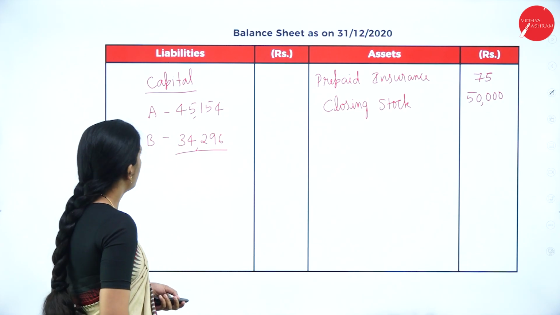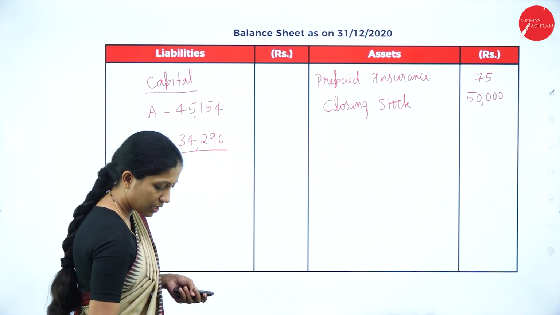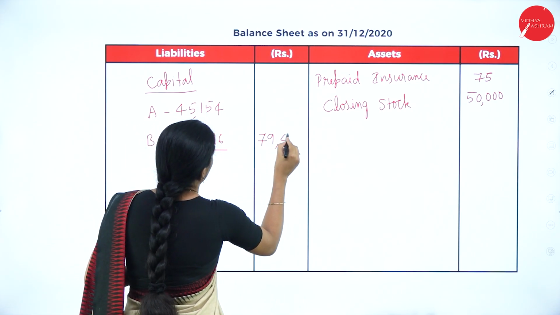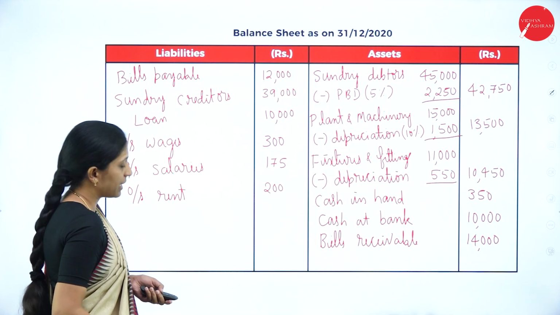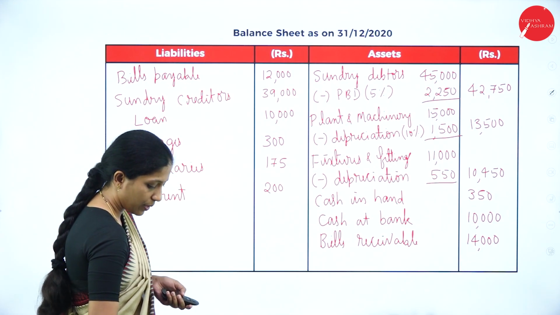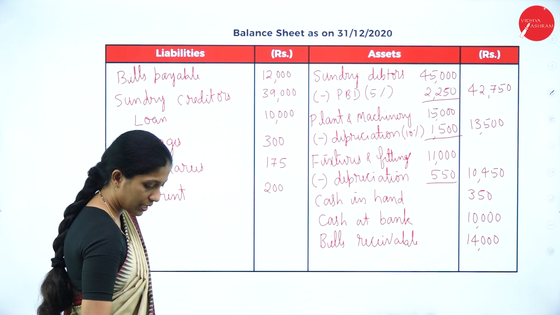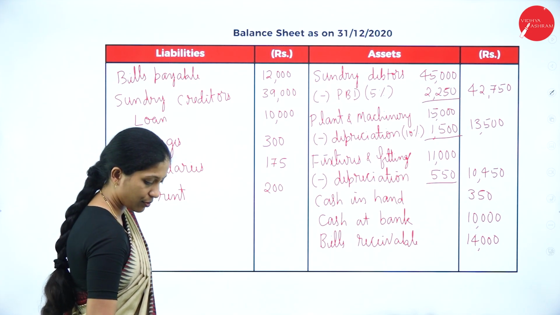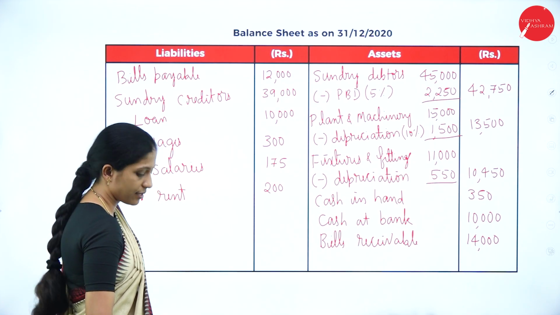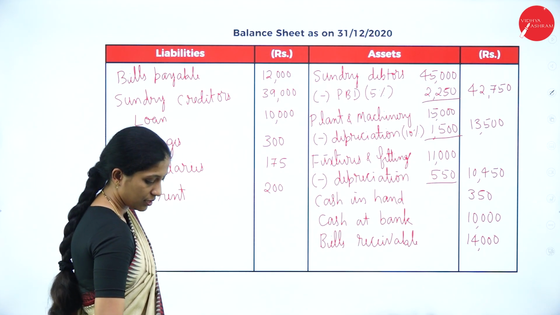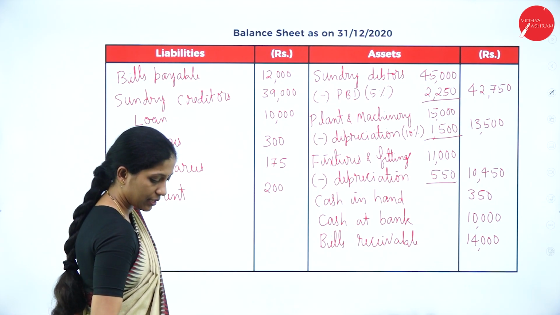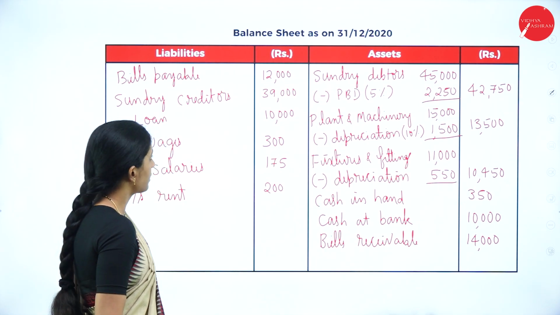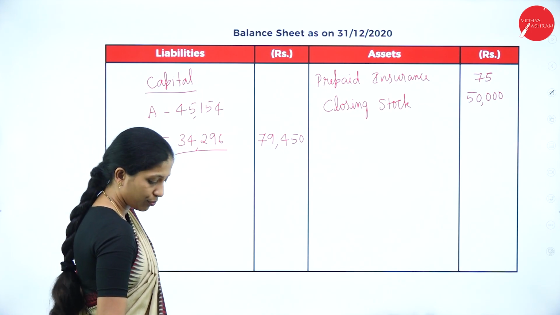Let us total now: 45,154 plus 34,296. So the total will be 79,450, plus we shall count all other liabilities: 12,000 plus 39,000 plus 10,000 plus 300 plus 175 plus 200 plus 79,450.